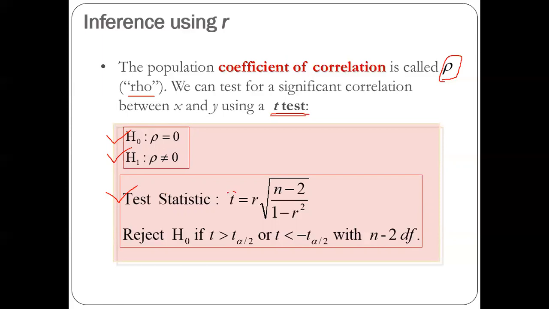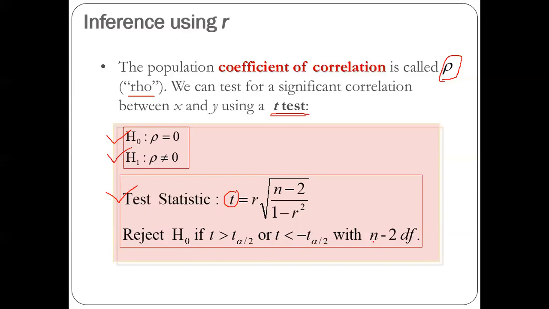So how do we test the statistic using the correlation coefficient? T is equal to R times the square root of n minus 2, divided by 1 minus R squared, or rho squared. We reject the null hypothesis if the T value of the test statistic is greater than the T critical value alpha divided by 2, or T is less than negative T alpha divided by 2, with n minus 2 degrees of freedom.